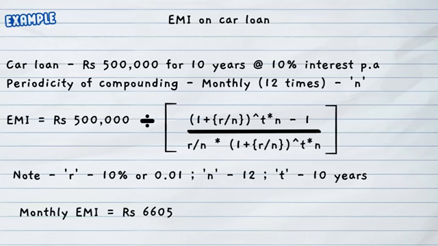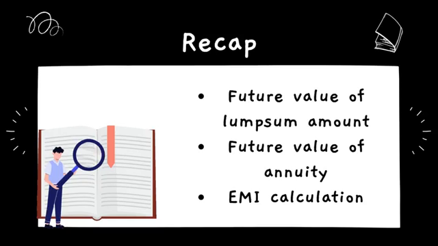And the tenure, if it's in years, we have to convert it into months in this case, not quarters, because the compounding is happening monthly. So it will be 10 years into 12 months, so it will be 120 months. Got it? So when we substitute all these values in this formula, you know what's the monthly EMI that we have to pay on this car loan? Rupees 6,605. So this is how EMIs are calculated on our loans.